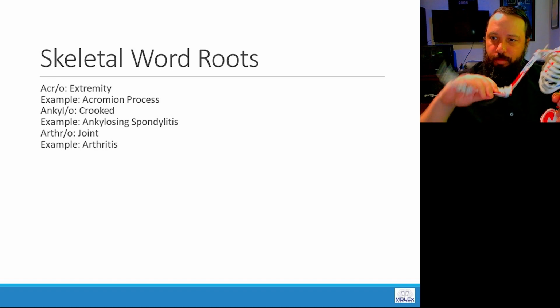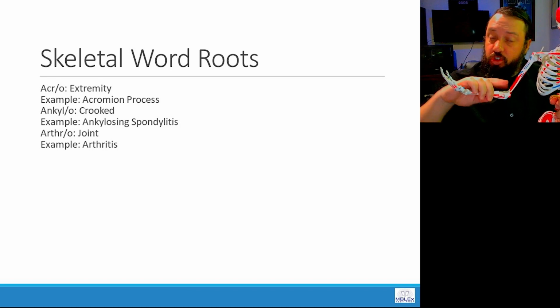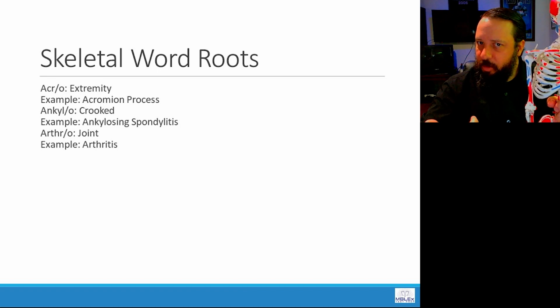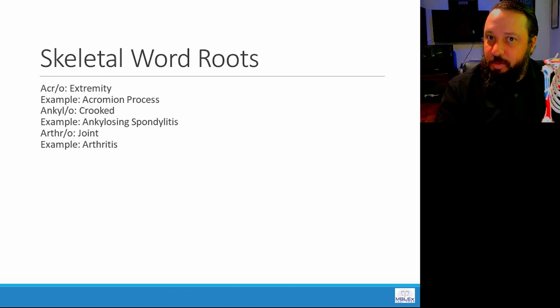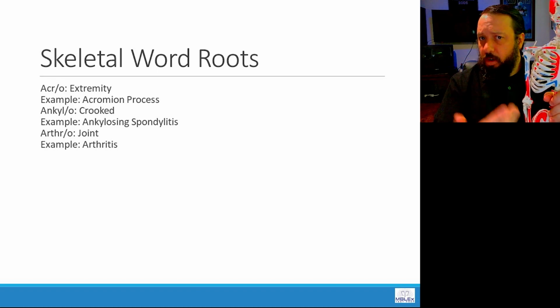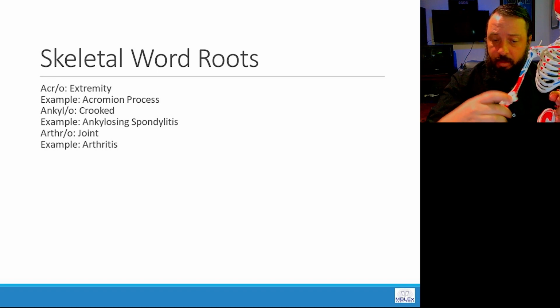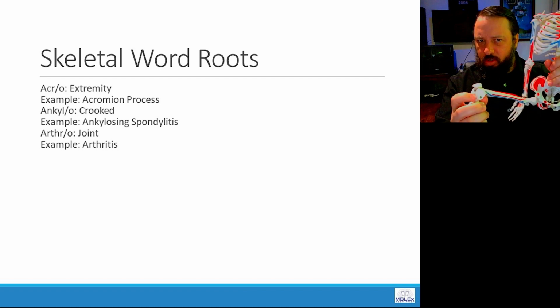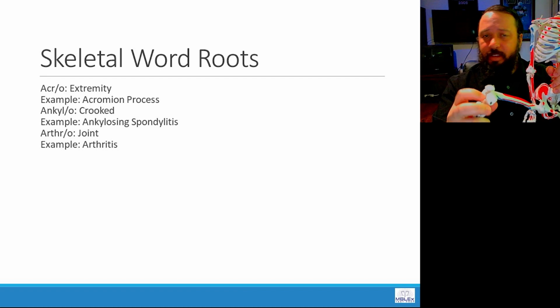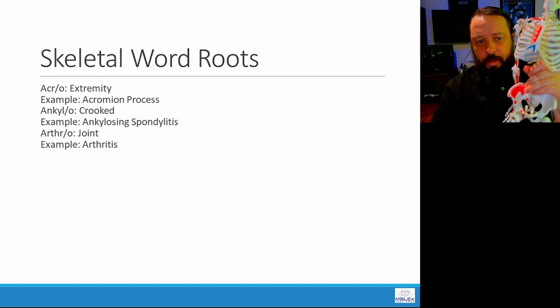Okay, so where two bones come together is a joint, an arthrosis, right? Synarthrosis, amphiarthrosis, diarthrosis, those are all types of joints, right? Arthro means joint. So arthritis, inflammation of a joint. Arthroscopy, typically done in the knee or shoulder, right? They put a little camera in the joint just to take a look at everything inside the joint.